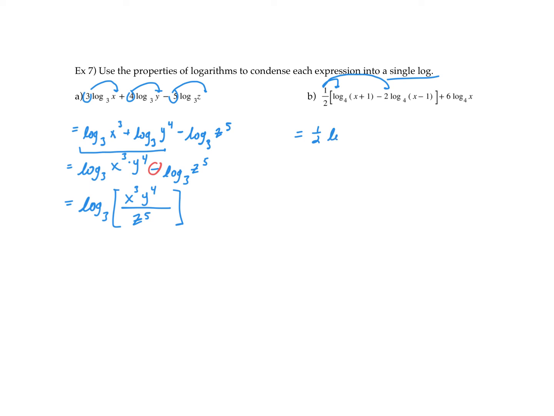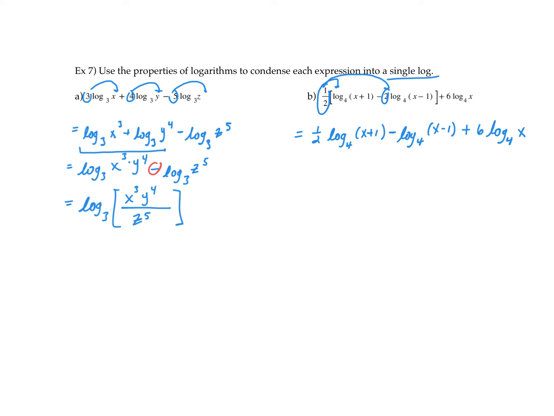We have 1/2 log base 4 of the quantity x plus 1 minus, it's just going to become 1 because 1/2 times that 2 is just 1. So I don't need to write anything. You could write a 1 there if you wanted to, but it's minus 1 log base 4 of x minus 1 plus 6 log base 4 of x.